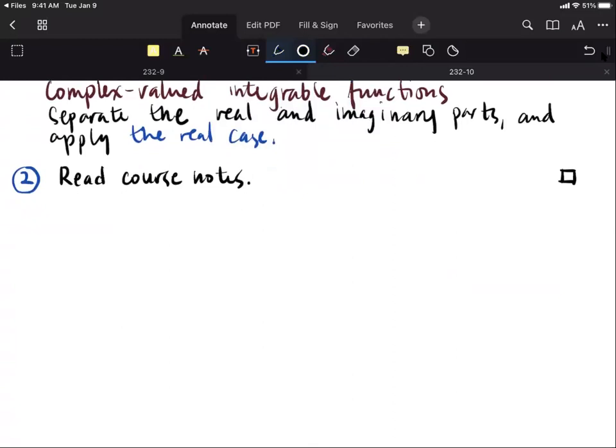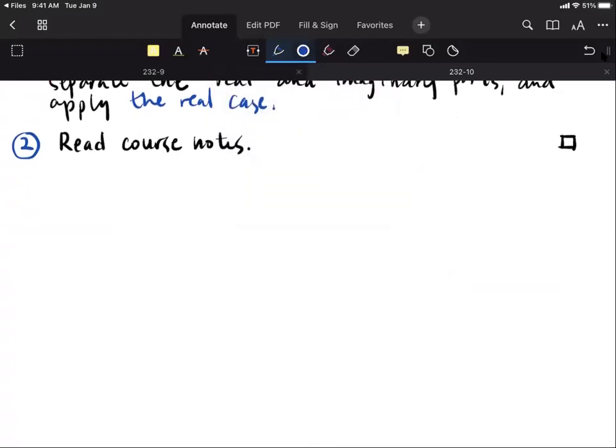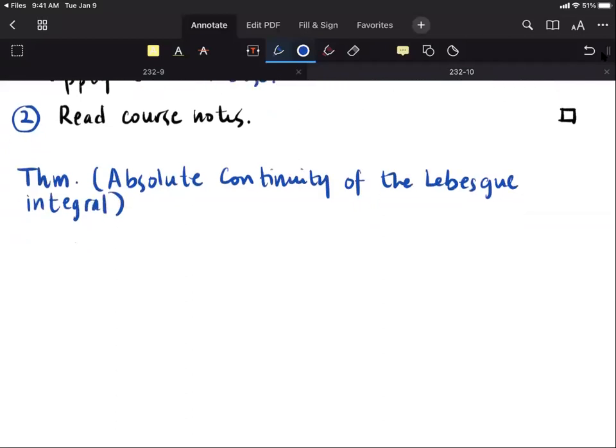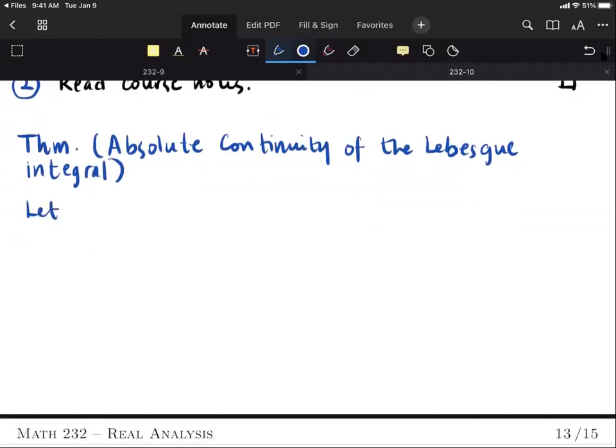To close this section, let me state the following theorem. This is the absolute continuity of the Lebesgue integral. Consider a Lebesgue integrable function f.